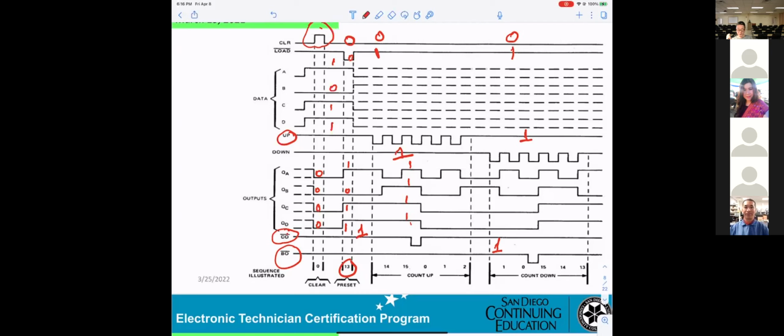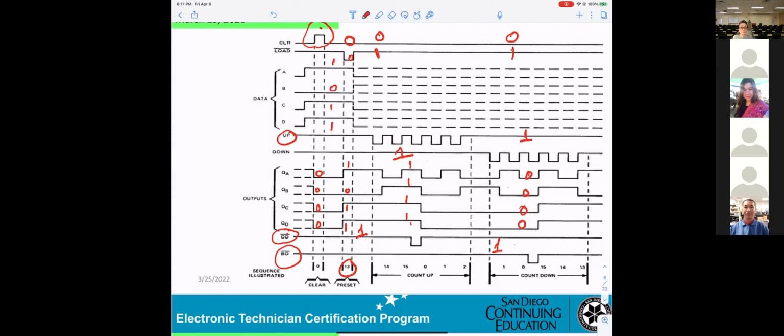From 0 to 15. Yes, when A through D is 0, QA to be 0. They're telling you when they count down to 0 and that borrow goes low.